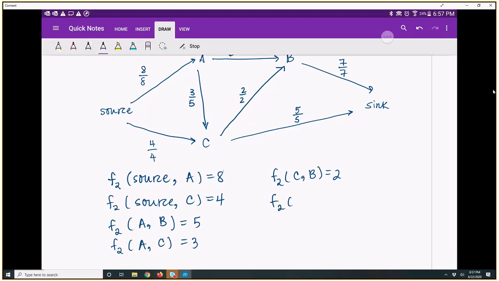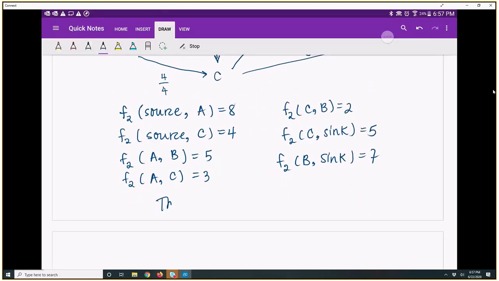F2 from C to sink is 5. And F2 from B to sink is 7. The value of the flow, and this is the maximum flow, is 12.